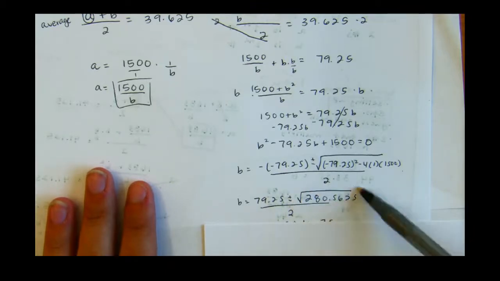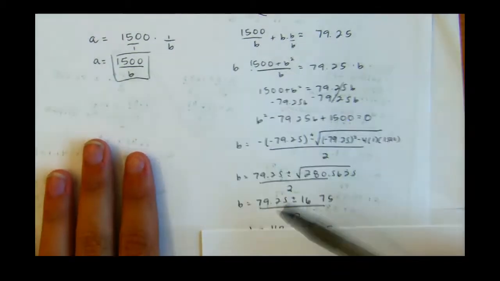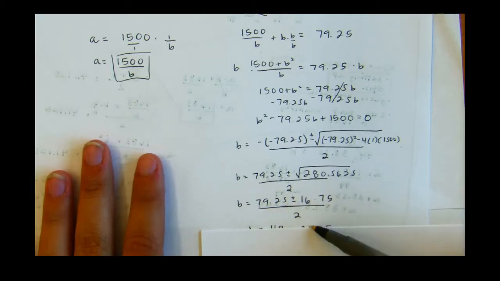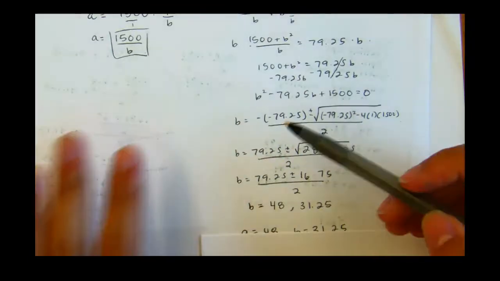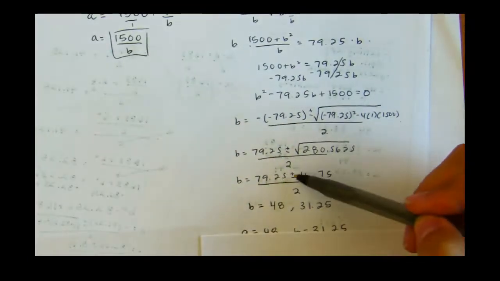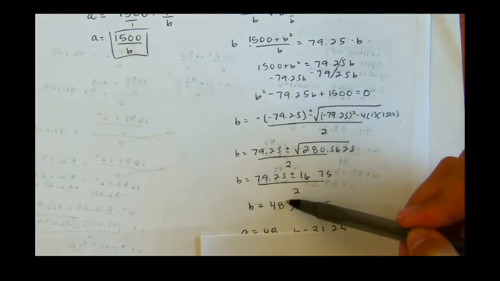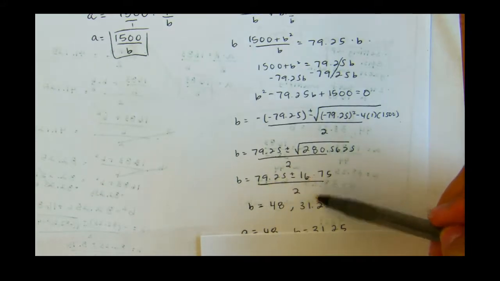The square root of this number simplifies down nicely. I end up with B equals 79.25 plus or minus 16.75 divided by 2. And when I go through and simplify that, so 79.25 plus 16.75 divided by 2, I end up at 48. When I subtract these two values and divide by 2, I end up at 31.25.